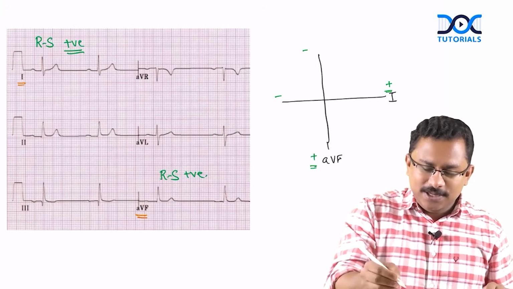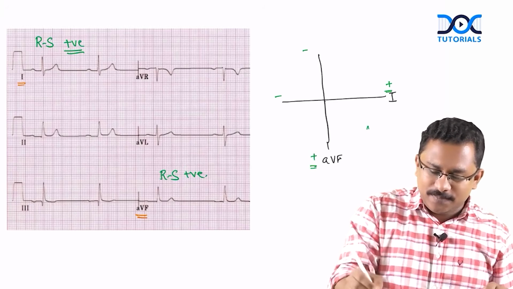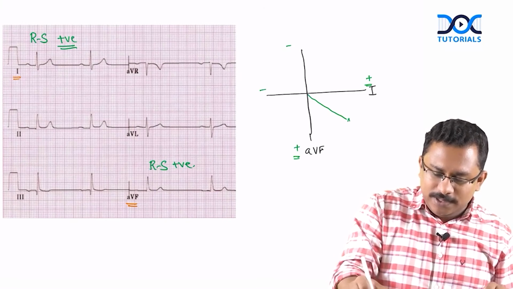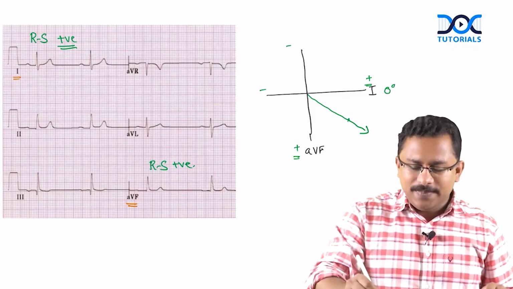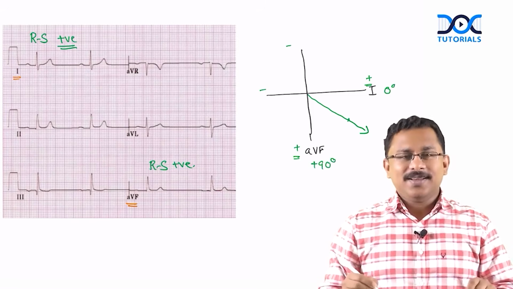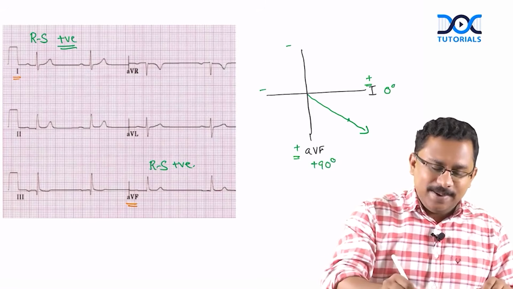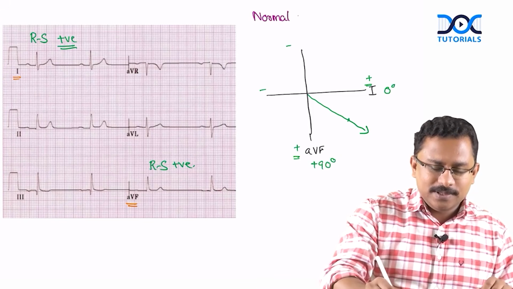Which means it will fall in this particular quadrant, between 0 degree and plus 90 degree. That is the axis, or you can say that this example is that of a normal axis.